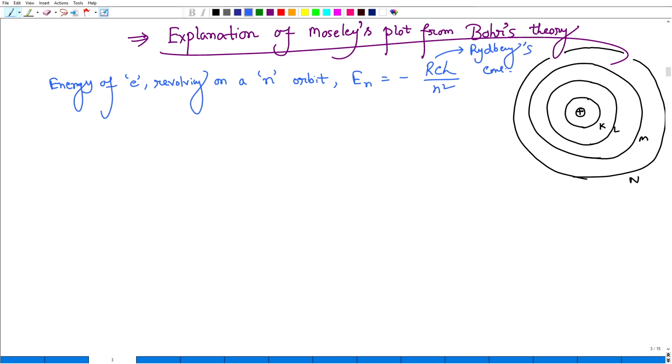One thing we have to keep in mind always: Bohr's theory is only for hydrogen-like atoms, not for any atom, because for any atom there is more than one electron, and we have to account for the electron repulsion term, which we did not account for while calculating the energy using Bohr's model. But that is not trivial. Even till today, scientists can only deal with the hydrogen-like atom problem.